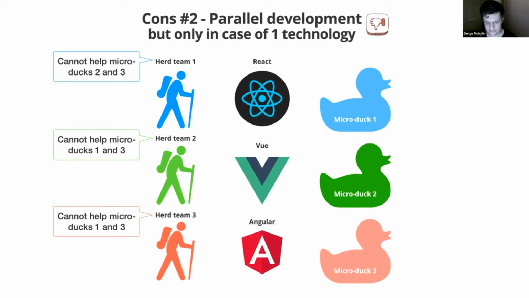Even when the code is JavaScript in any case, the Angular team probably does not understand how React works, and the Vue team probably does not understand how the Angular and React teams work.